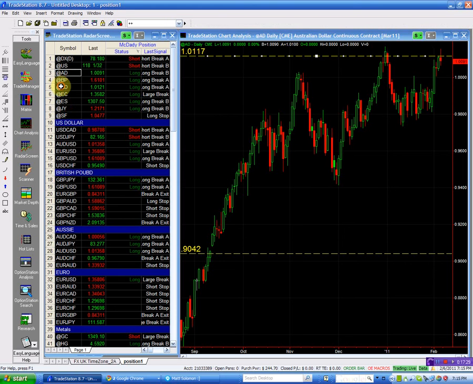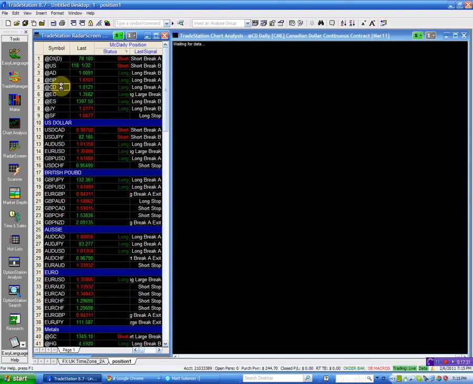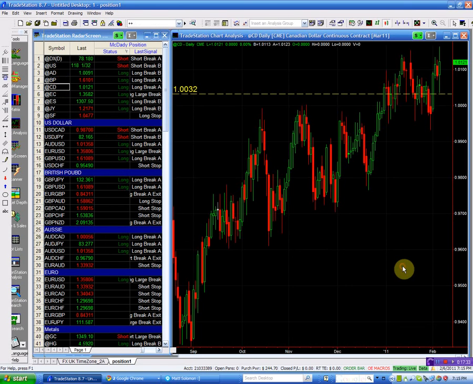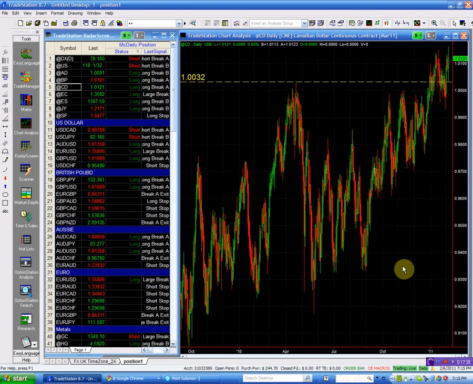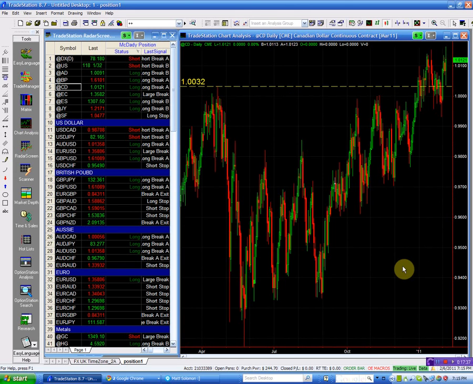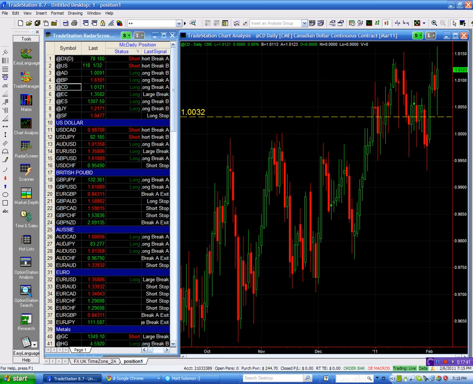The Canadian is the last one, and as you can see, the CAD, even though, for example, Andres, you're asking about candlesticks. So if you look at this candlestick, is this a buy or a sell?